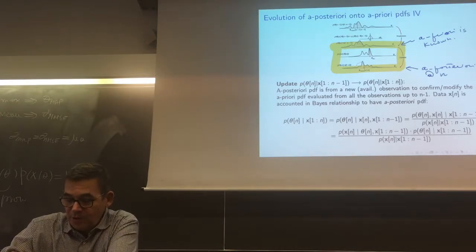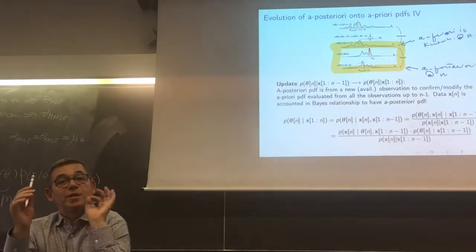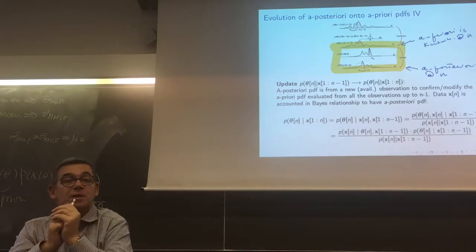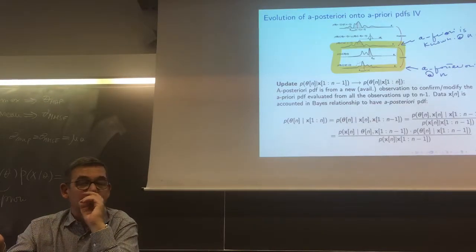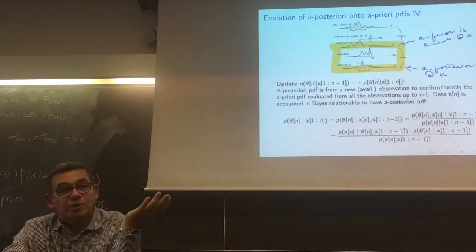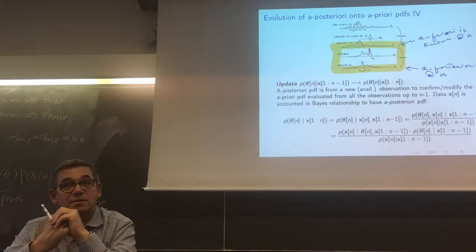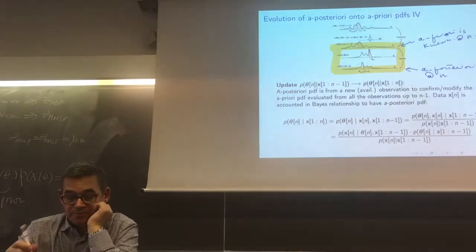I have the a priori known, but this is the a priori at the step n. So I'm perfectly matched with the Bayesian estimation. I know the a priori probability, and I want to get the a posteriori probability. So how do we do it? Bayes, right? That's simply Bayes.